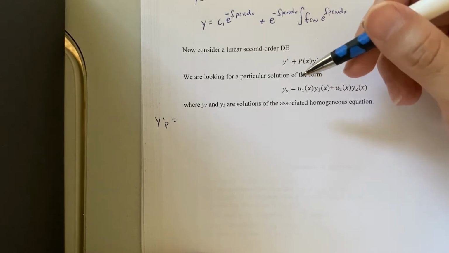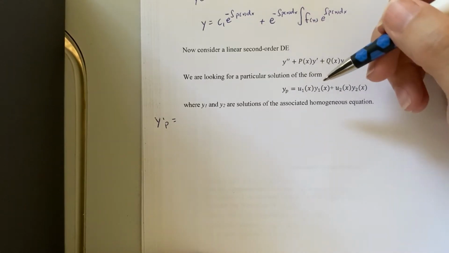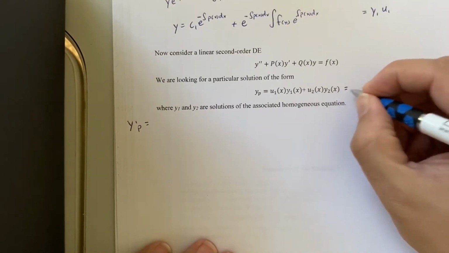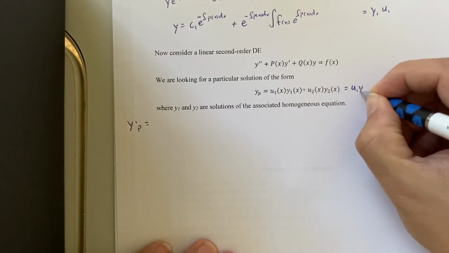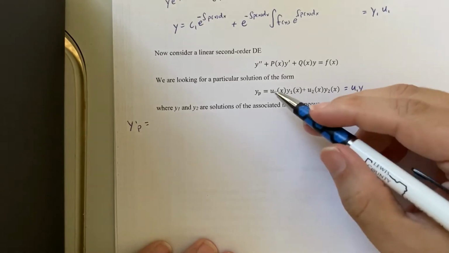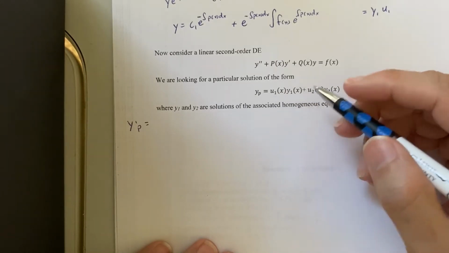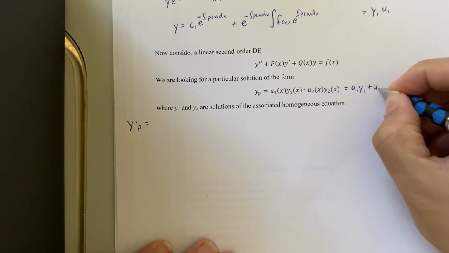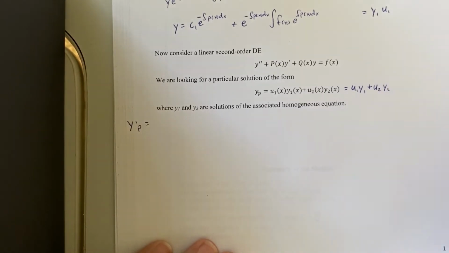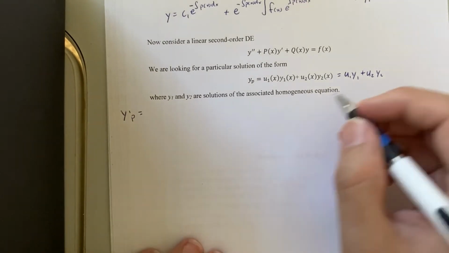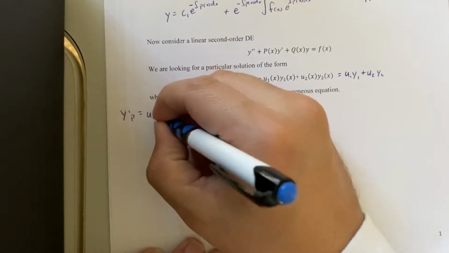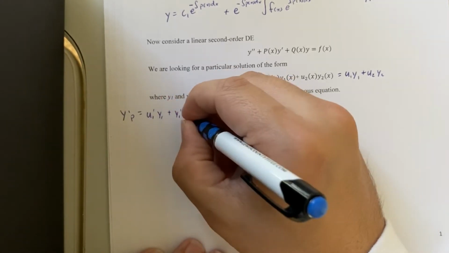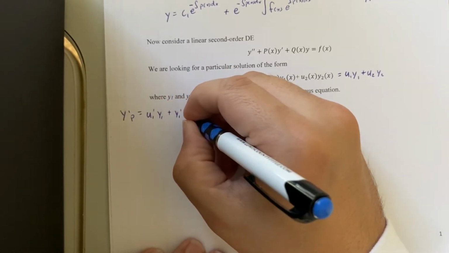So we want to take the derivative of this, so we have product rules. I'll take the derivative of the first. Just to save on notation, I'm going to write y sub 1 of x, y sub 1, and they're both functions of x, plus u sub 2 times y sub 2, both functions of x as well. The derivative is the derivative of the first times the second, plus the derivative of the second times the first.